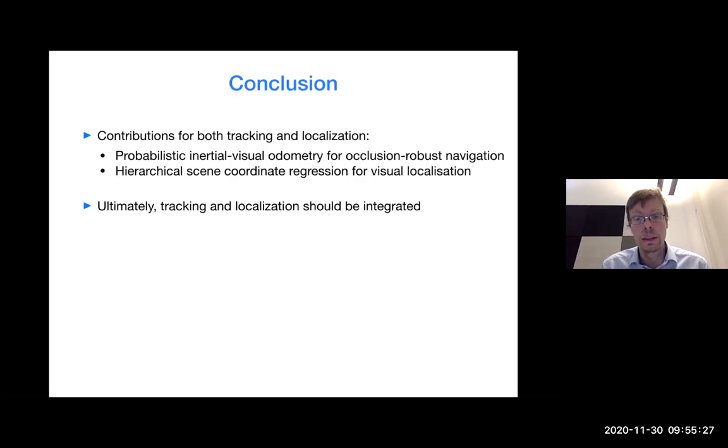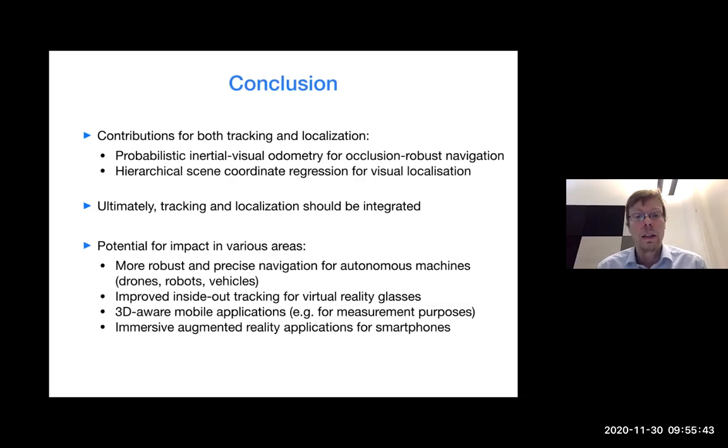So there was no fusion of tracking and localization. But ultimately, tracking and localization should be, of course, integrated. So for many practical applications, we need both at the same time. And we are planning to look into this kind of system level approach probably later.